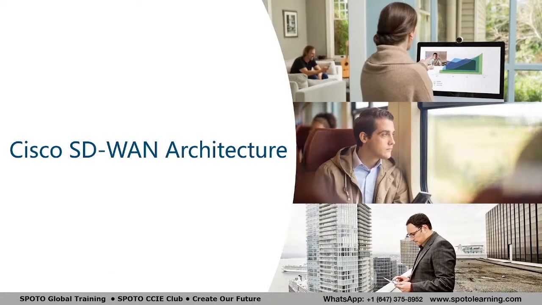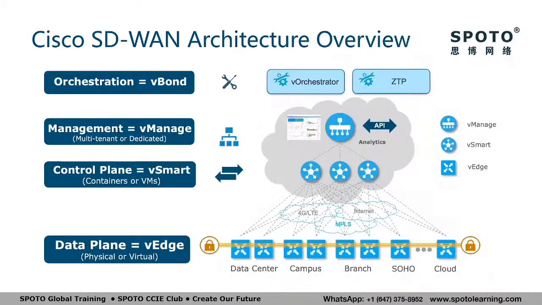Then let's dive into more details about Cisco SD-WAN architecture. In the SD-WAN solution, you can see there are 4 planes. The orchestration plane assists in the onboarding of the SD-WAN routers into the SD-WAN overlay.